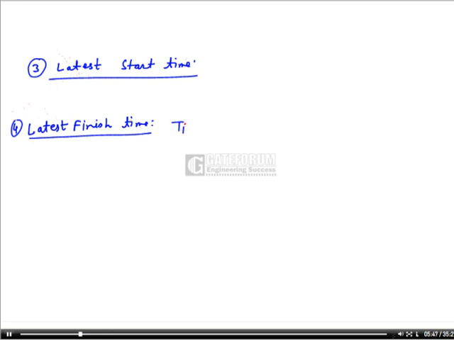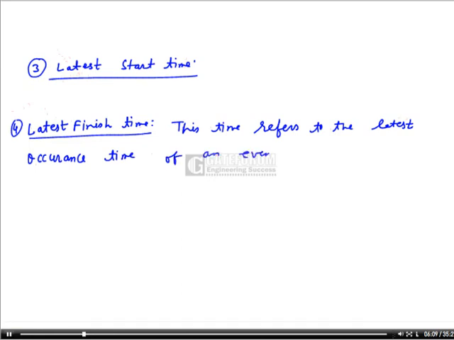So this time refers to the latest occurrence time of an event where the activity arrow terminates.